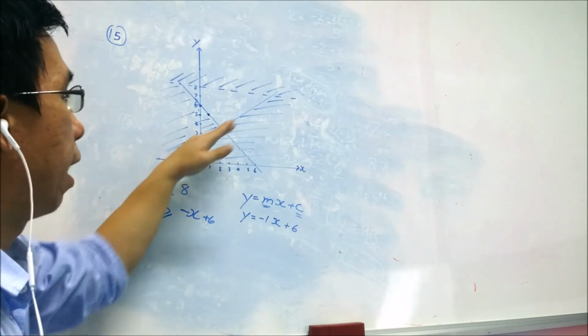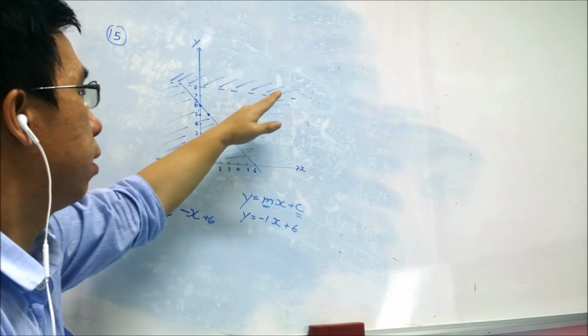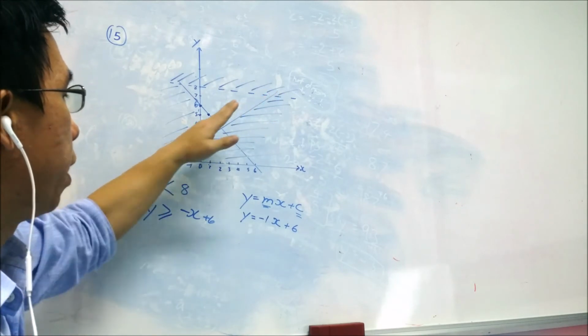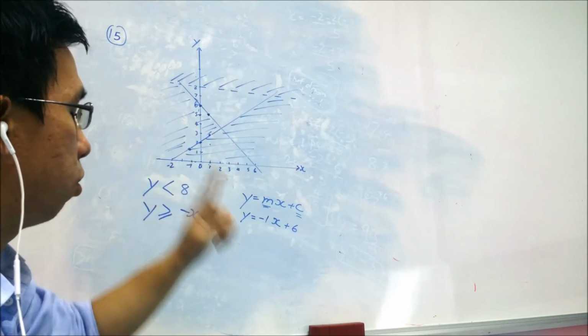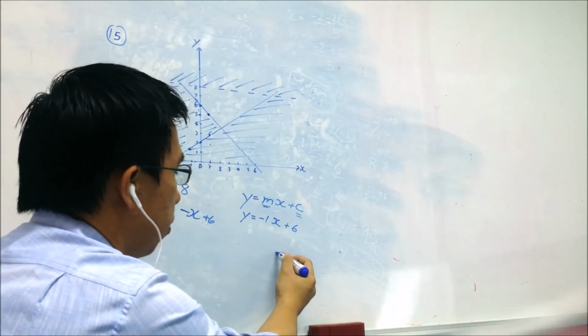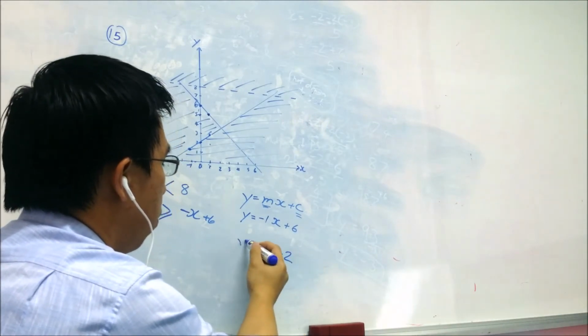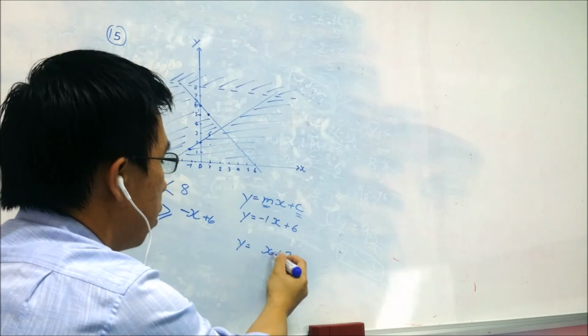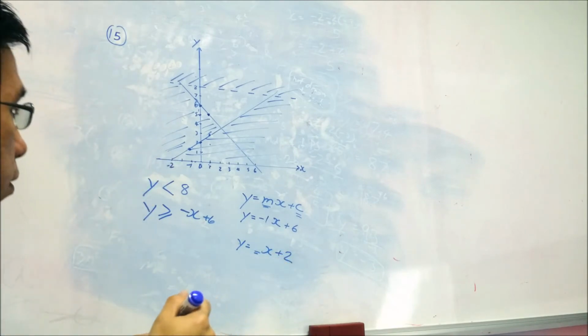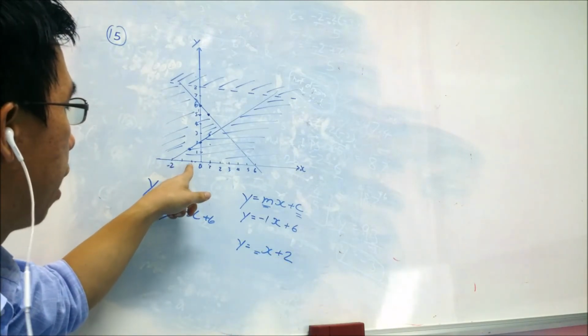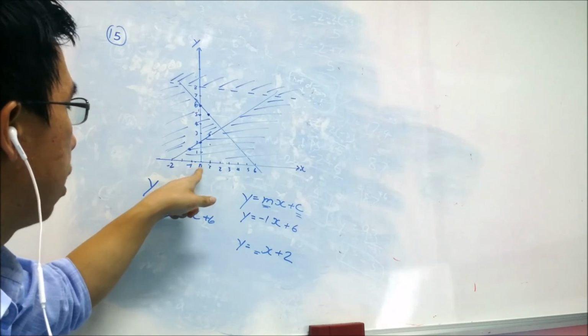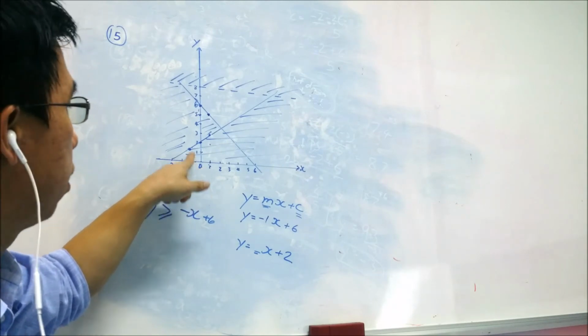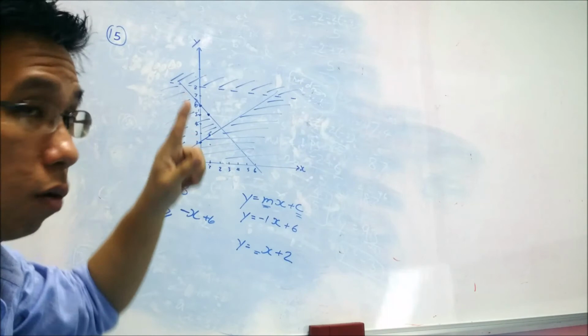Let's look at the third line, which is upward sloping, intersecting the y-axis at 2. So plus c is plus 2. What is the slope here then? Have a look closely: when x increases by 1 unit, y also increases by 1 unit.